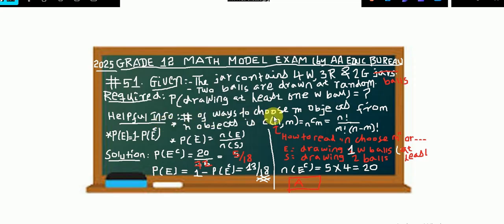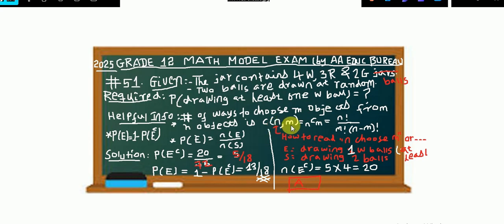Number of ways to select m objects from n objects. If we have n objects and among those n objects we want to select m of them, in how many ways can we do that? It means choose m from n.